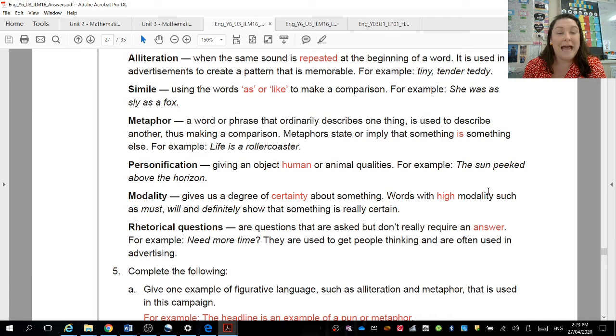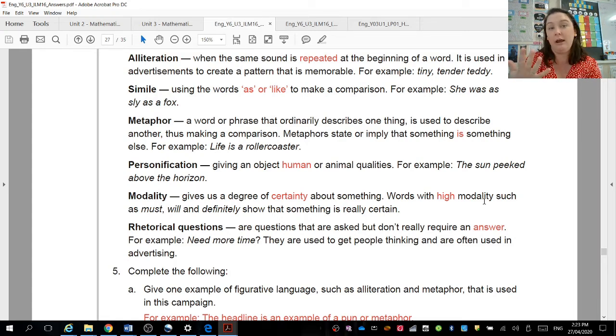Simile: using the words as or like to make a comparison. Metaphor: a word or phrase that ordinarily describes one thing is used to describe another, thus making a comparison. It's very easy to get similes and metaphors mixed up if you aren't sure what you're looking for. A simile uses as or like to make a comparison. The key words are as or like. Metaphors won't use as or like. It will say one thing is something else.